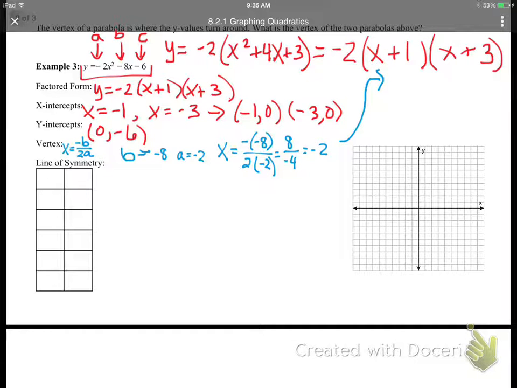And now if I plug that into the original equation, I plug -2 in, y equals -2 times (-2) squared. In my head, what's -2 times -8? That's 16, and then -6.